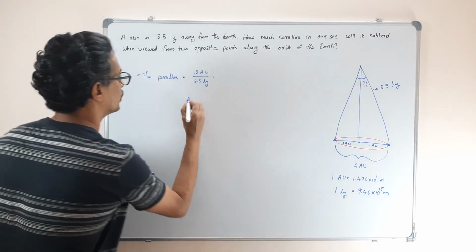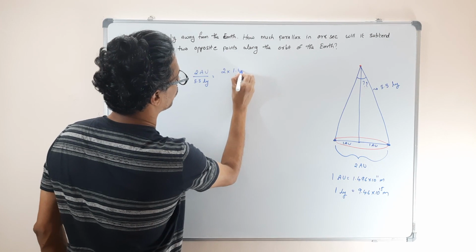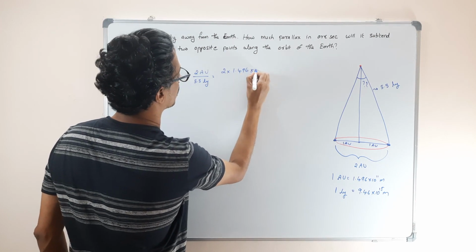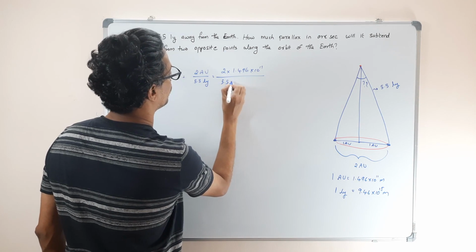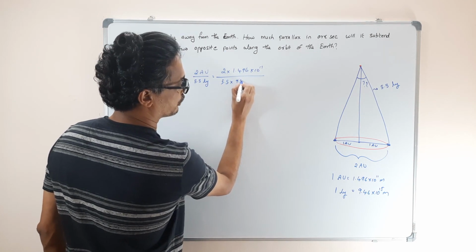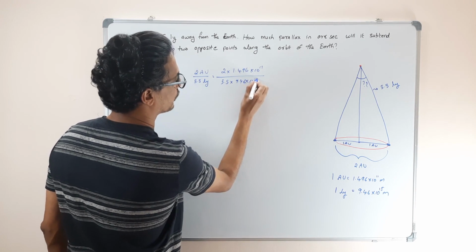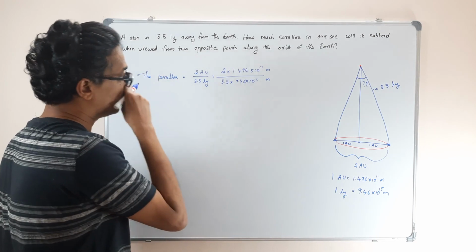Substitute that. So this is equal to 2 into 1.496 into 10 to the power of 11 divided by 5.5 into 9.46 into 10 to the power of 15. Both are meters, so we can do the division.